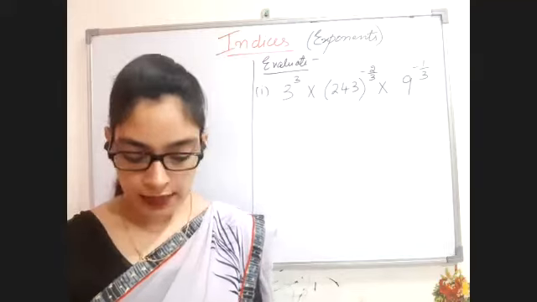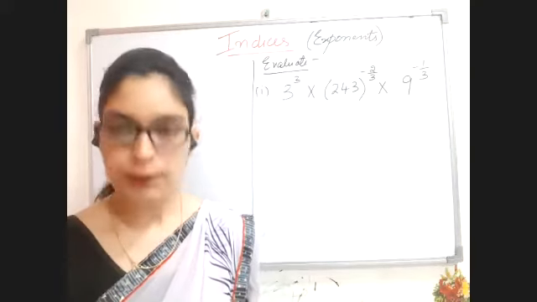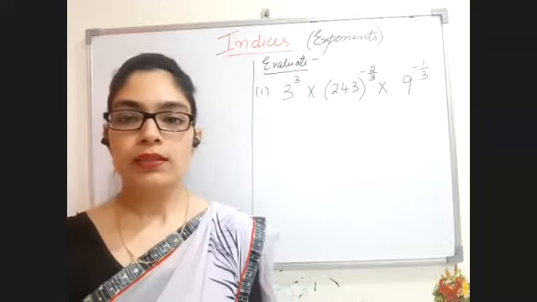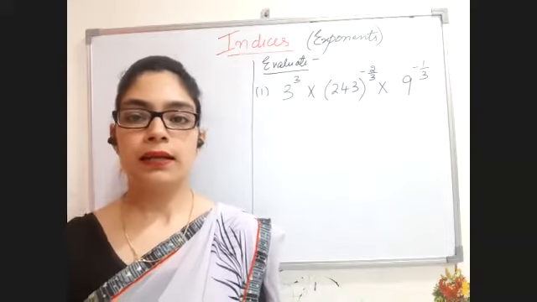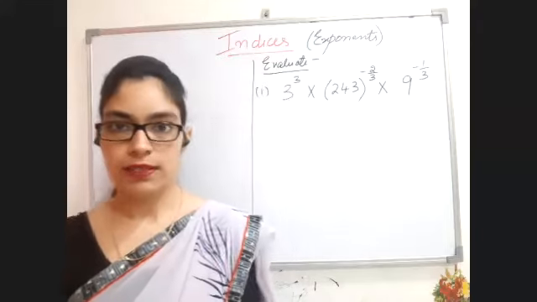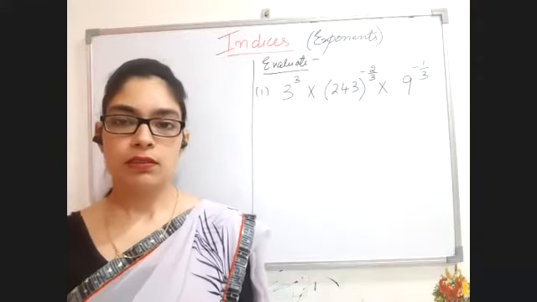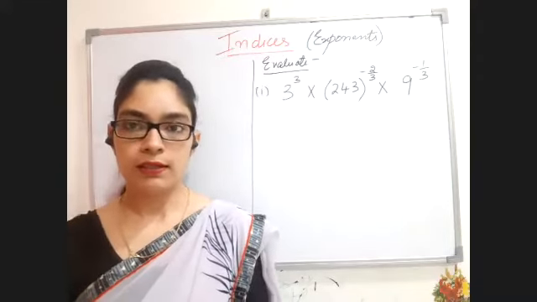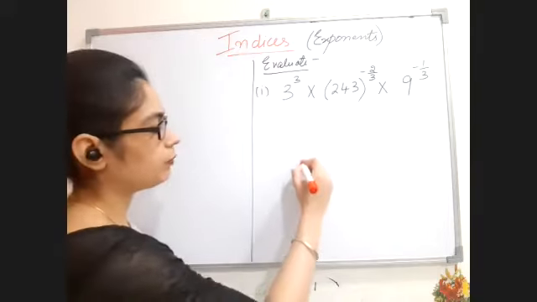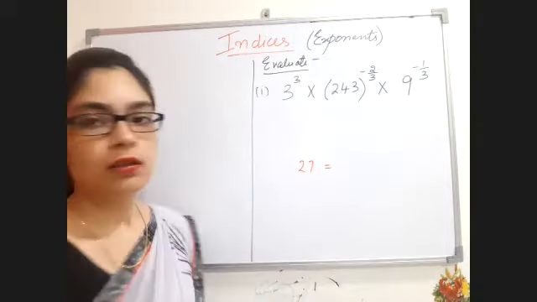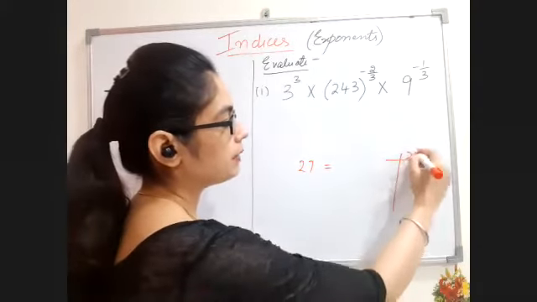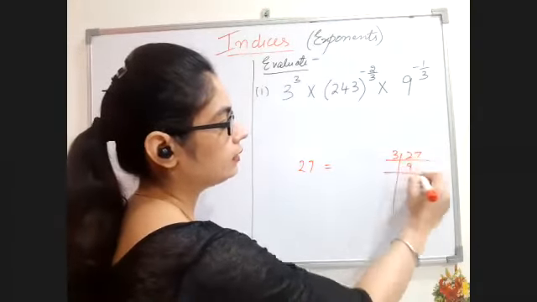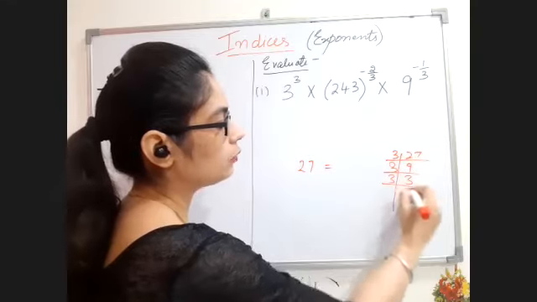Before I start this question, I want to explain one thing. In the questions of exponents, whenever you see any number, it can be converted into its exponential form. First of all, we have to convert it. Exponential form means, if I have 27, if I make factors, it is 3 into 9, 3 into 3, 3 into 1.